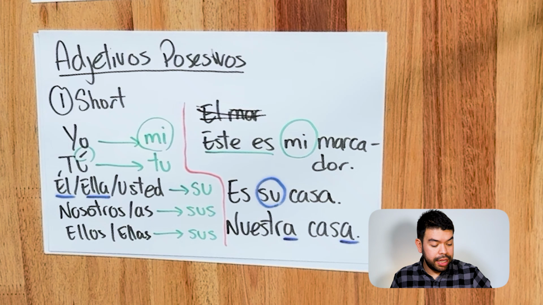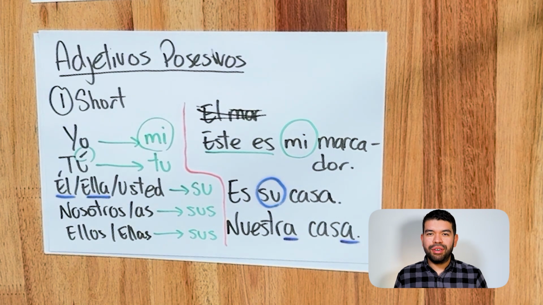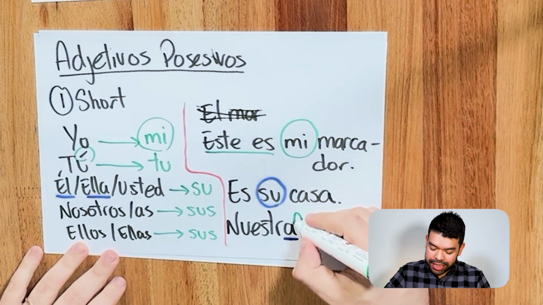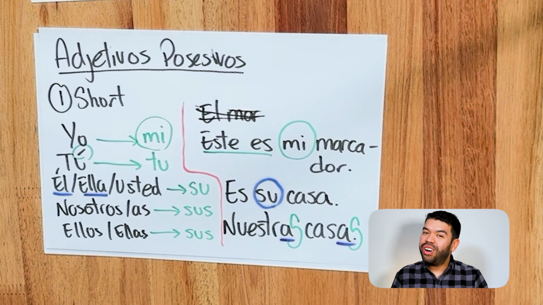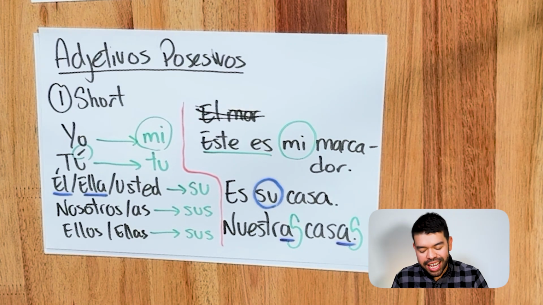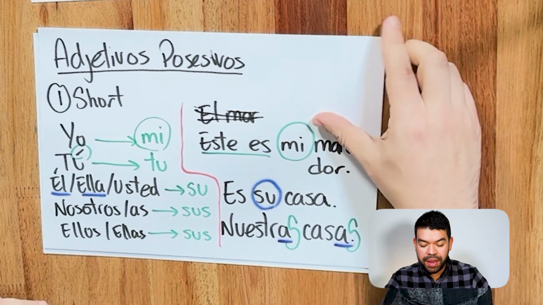Nuestra is a feminine, in this case, possessive adjective before the noun, right? But what if we have more than one house, because we are a successful couple? We have nuestras casas, our houses. Oh, it matches in gender and number. Yes, they do match in gender and number. It's very interesting.